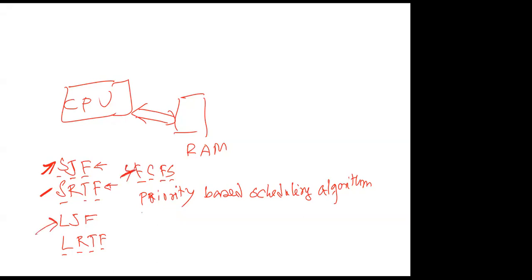Also, priority-based algorithms. In our last class, we saw that every process has a process ID. When you open a program, your operating system will make a system call and create a process.